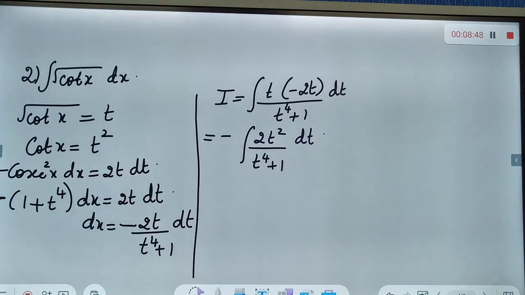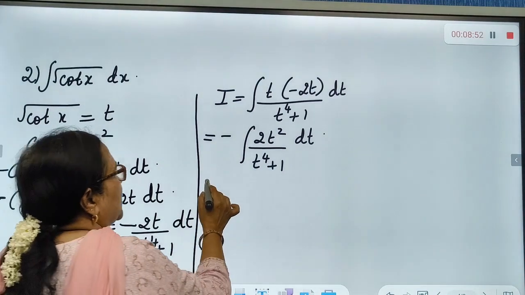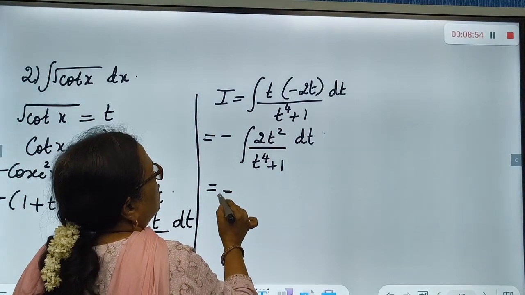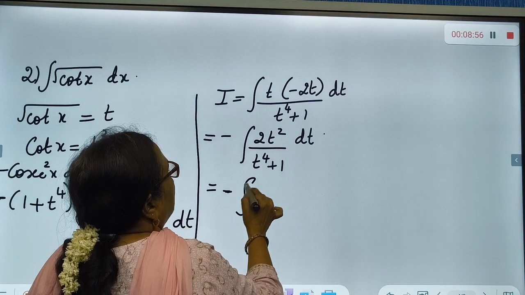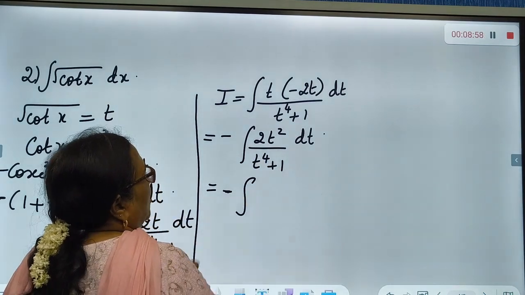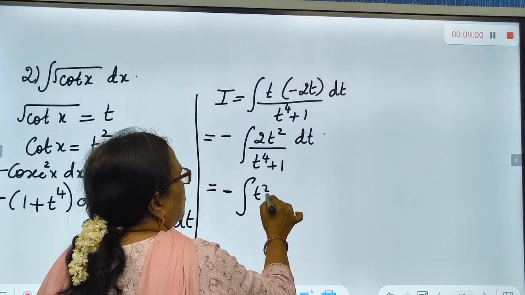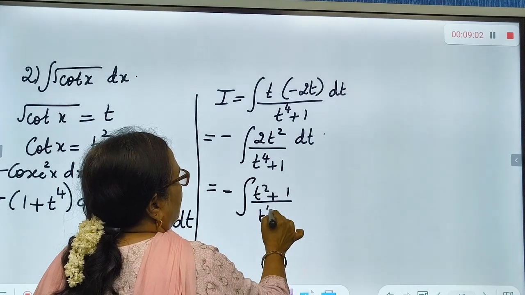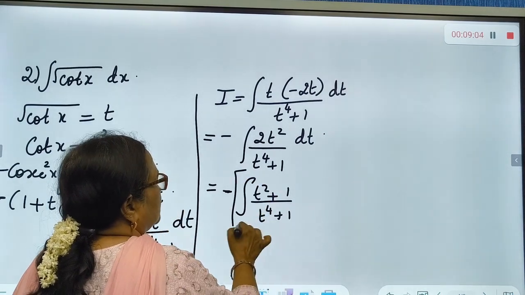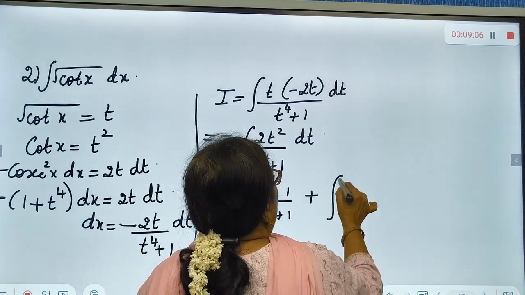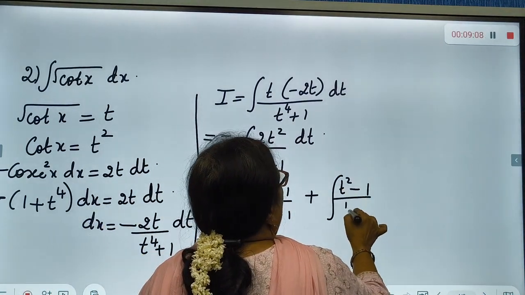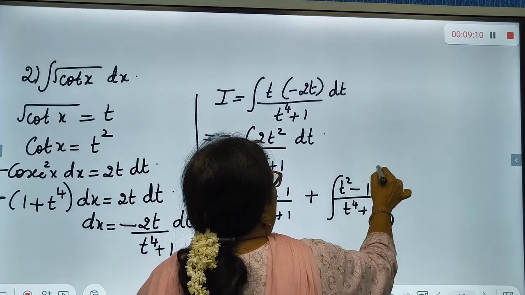In the previous sum we had plus 2t square, here we have minus 2t square. So the same procedure we can use, minus of integral. So how did we write? t square plus 1 by t power 4 plus 1 plus t square minus 1 by t power 4 plus 1.